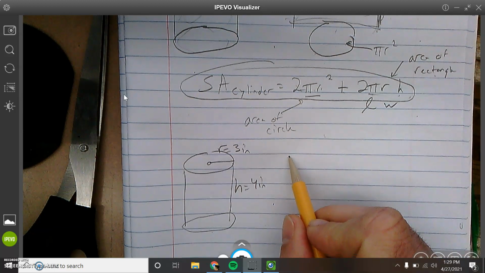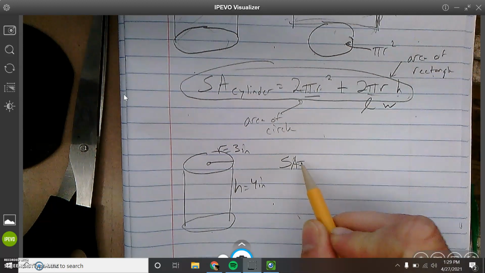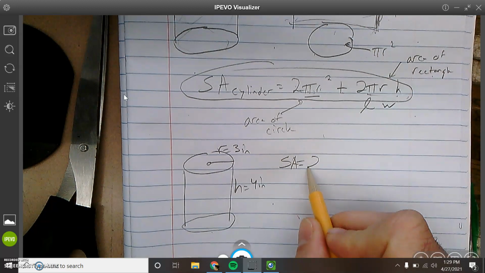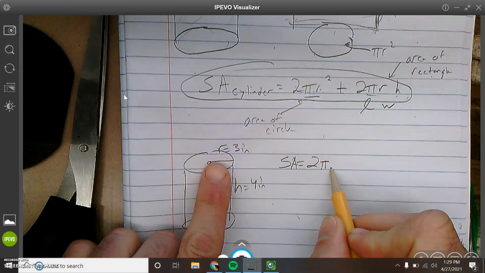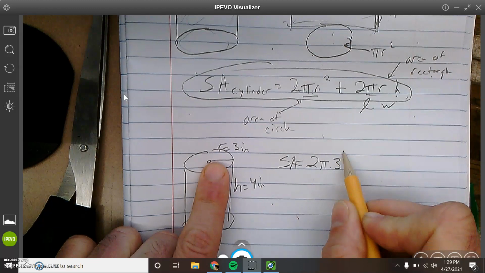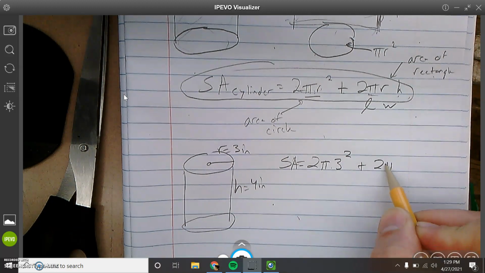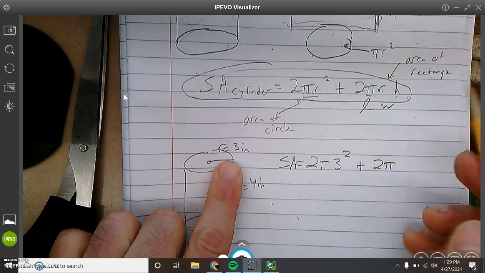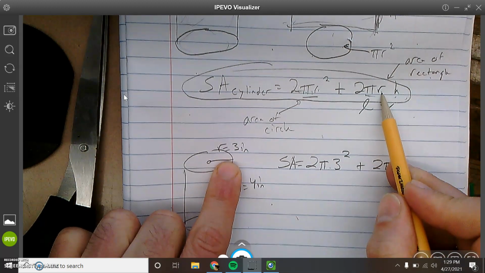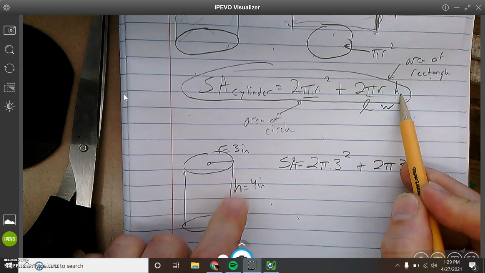Surface area equals, have it right here, 2 pi times the radius. The radius is 3, right? 3 squared. Plus 2 pi times the radius, which is 3, times the height, which is 4. I'm just plugging in. Easy.